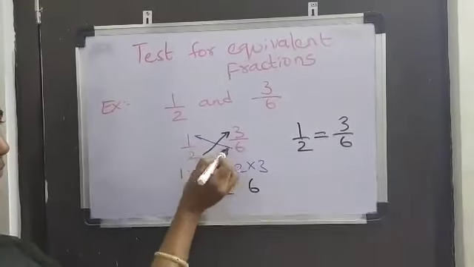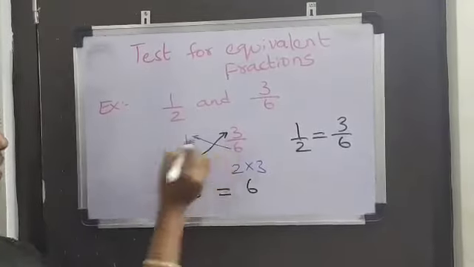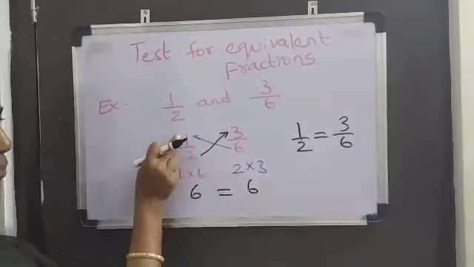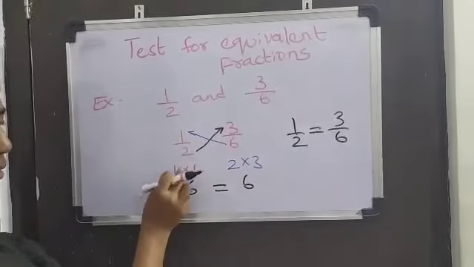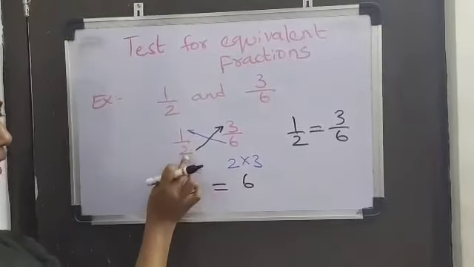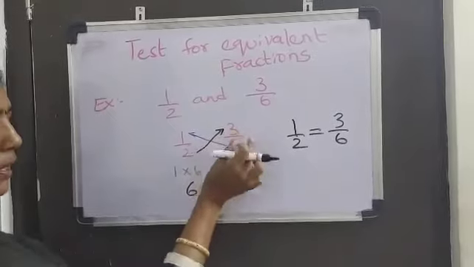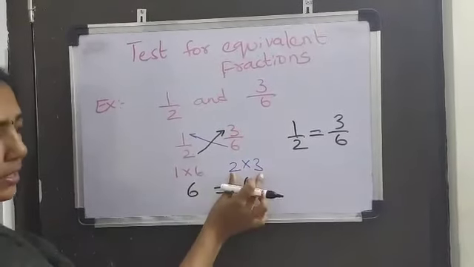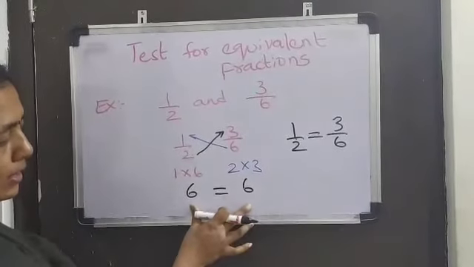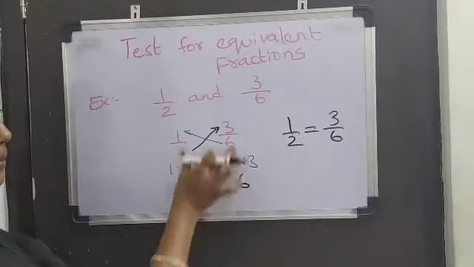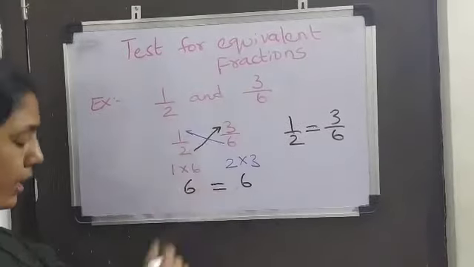Draw arrows like this, first arrow, then the second arrow. Then first this numerator into this denominator. Write it here, just below the first fraction. Then this denominator into this numerator just below this fraction. Then multiply and check. If both the products are the same, then these 2 fractions are equal. If not, they are not equal.